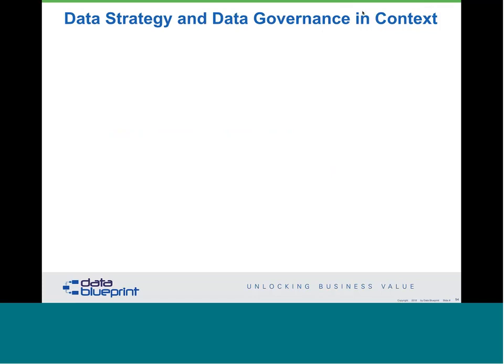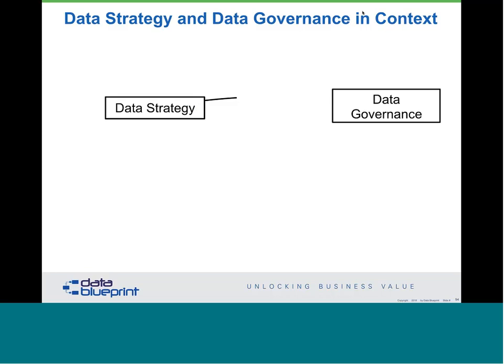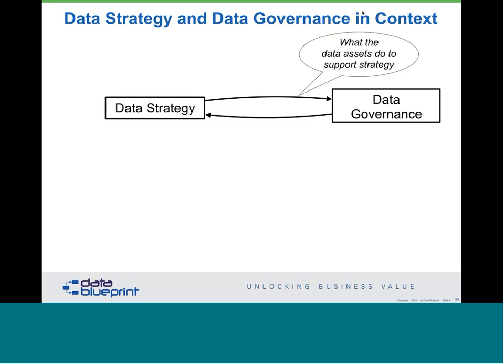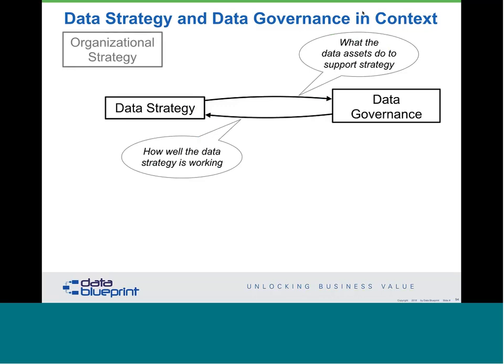Last slide. Data strategy and data governance in context here. When we look at the information architecture of an organization, what we're looking at is what the data assets do to support the strategy, and the governance piece is how well is that strategy working under the context of the organizational strategy.